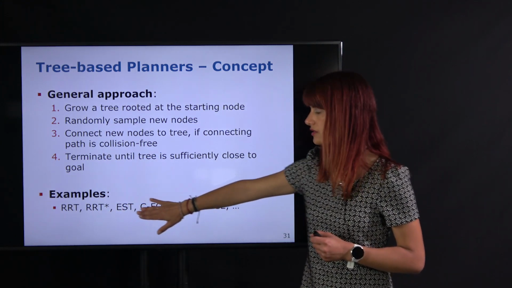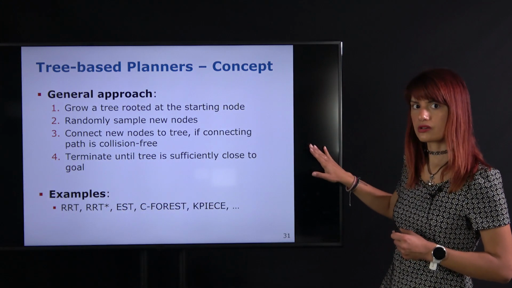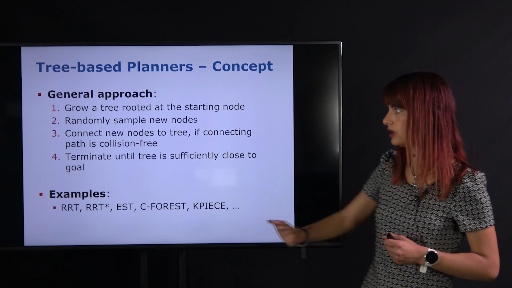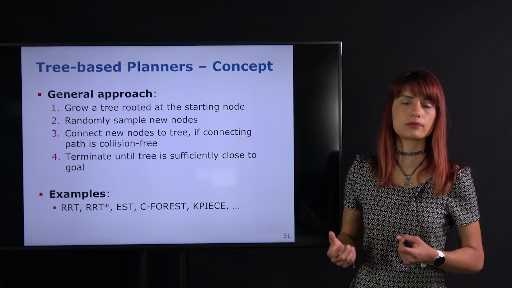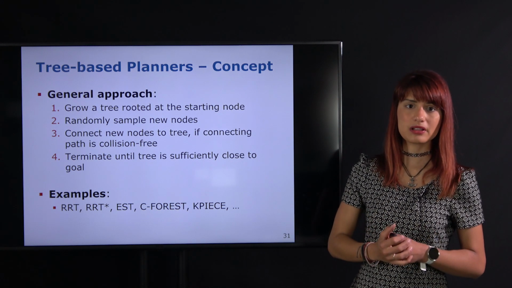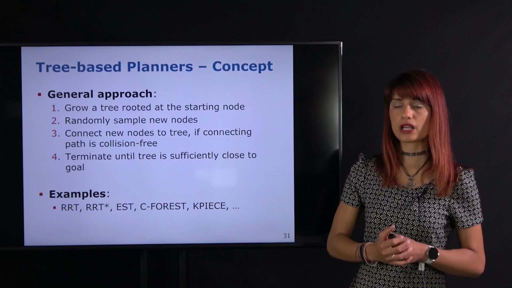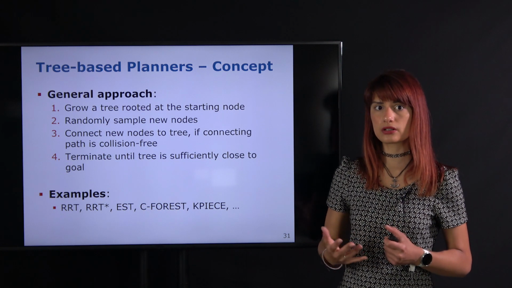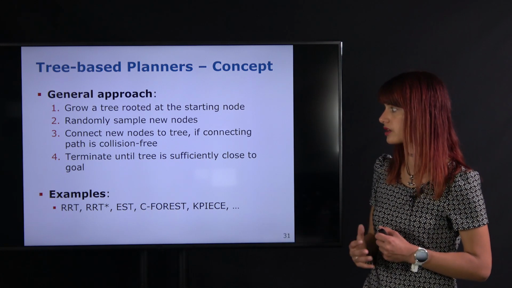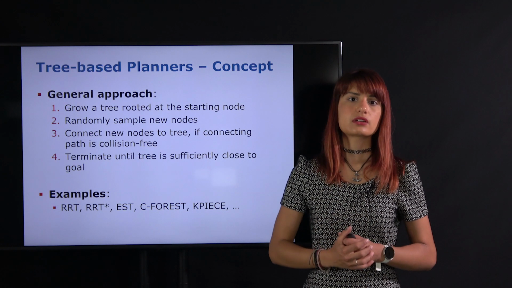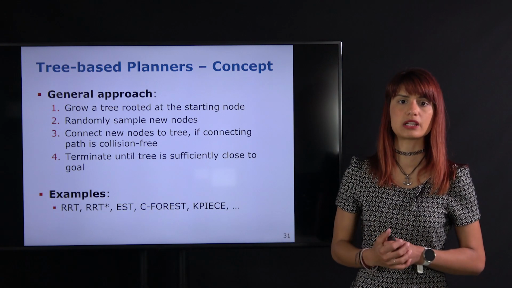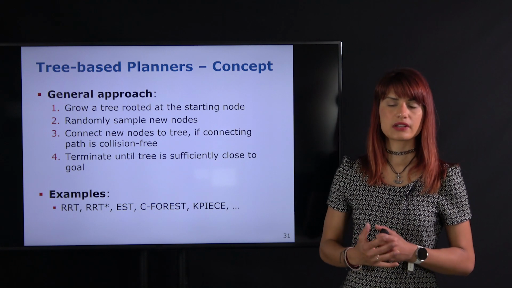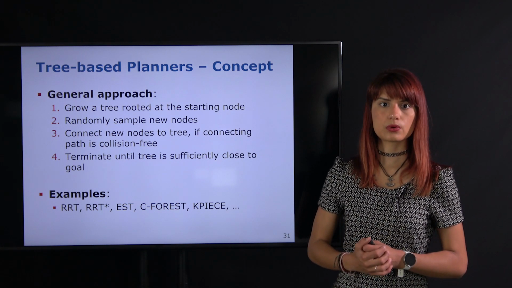But there are also others that are based on the similar general approach. For example, some of these algorithms grow multiple trees in parallel where these computational capabilities are available and thus try to find a solution quicker, whereas others grow the tree also accounting for the kinodynamic constraints of the robot in order to make sure that the paths can be executed feasibly in the real world.